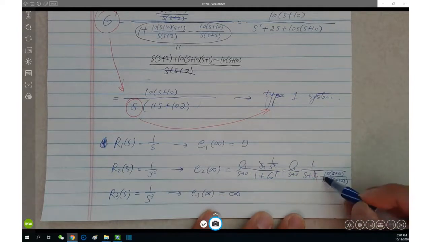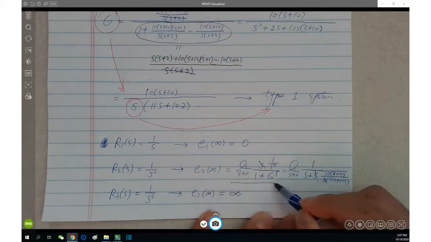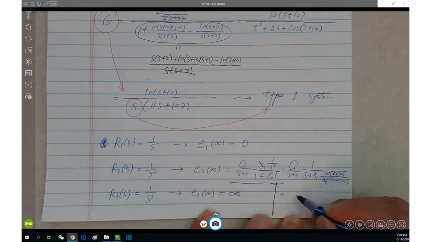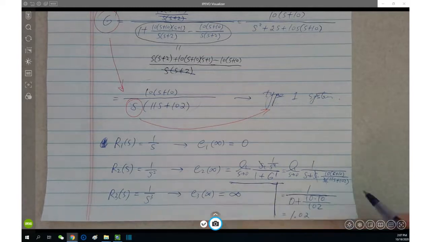This s and this s cancel, and then further equals what? Numerator 1, denominator 0 plus what? 10 times 10, right? Denominator is 102. Eventually equals 1.02.